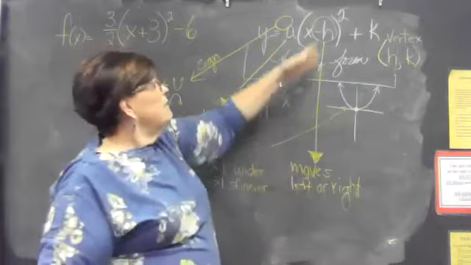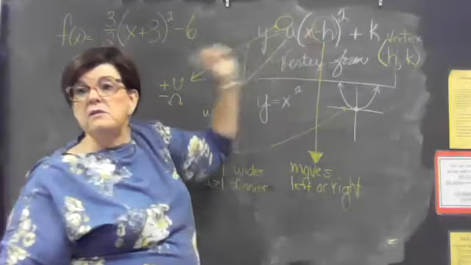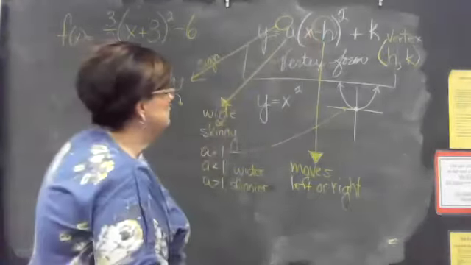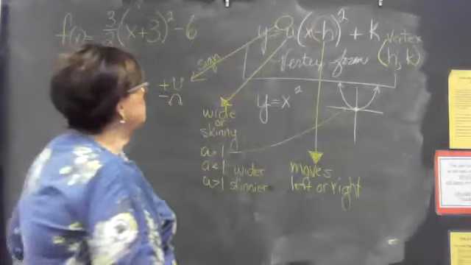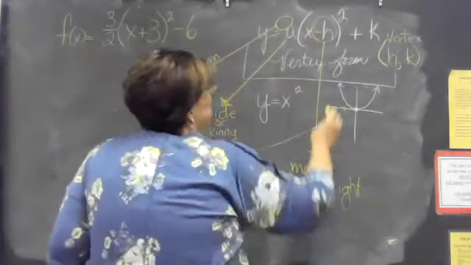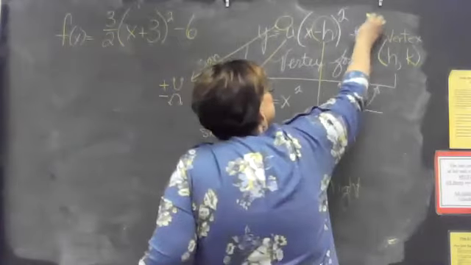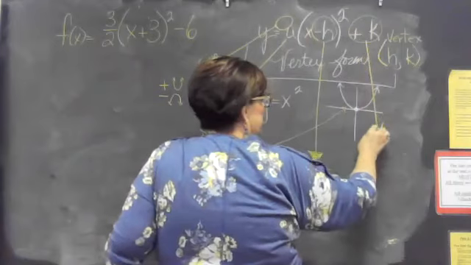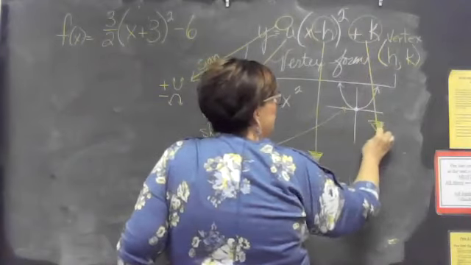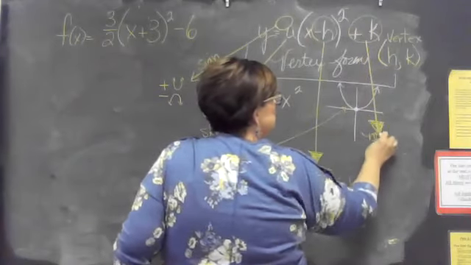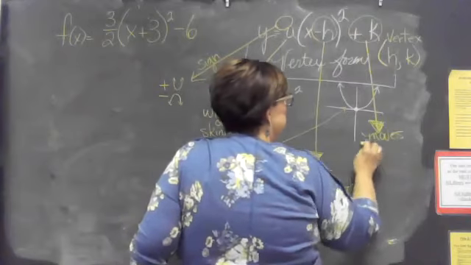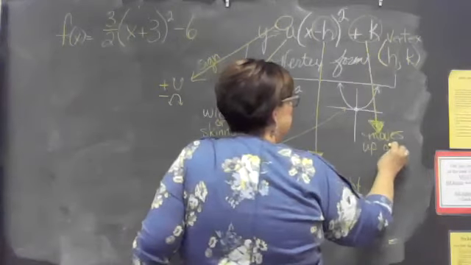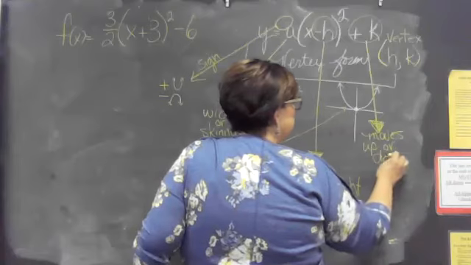That's the one that is inside the parentheses. Is it going to move left or right that many? And one more. The K out here will tell you how far the vertex moves up or down.